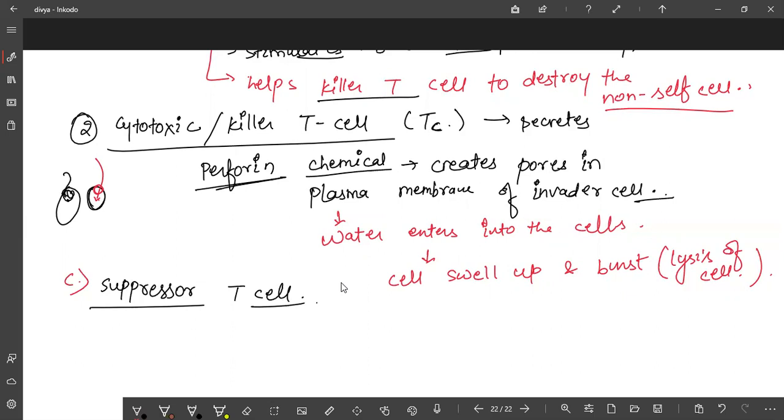So this will do what? Suppress means it reduces the activity of killer T cell.